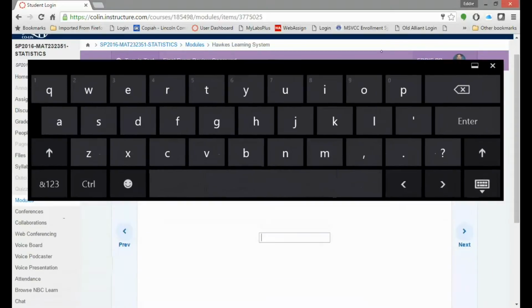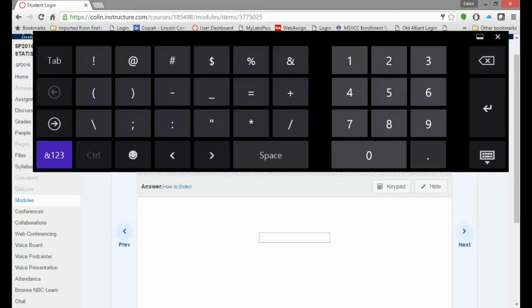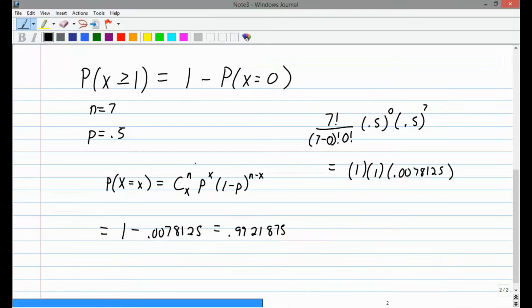So 0.99, then what was it? 2. We're going to round to what? 2. That's right. I didn't have it in front of me. Let's see. Yeah. Rounding to 4 decimal places. So 0.9922.